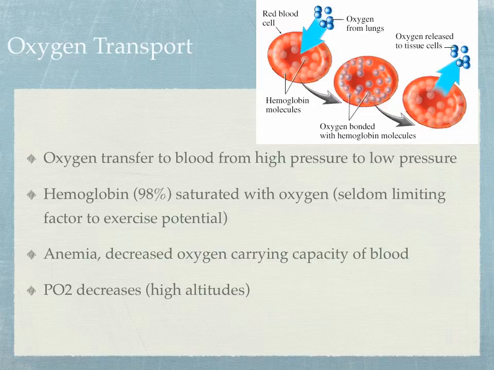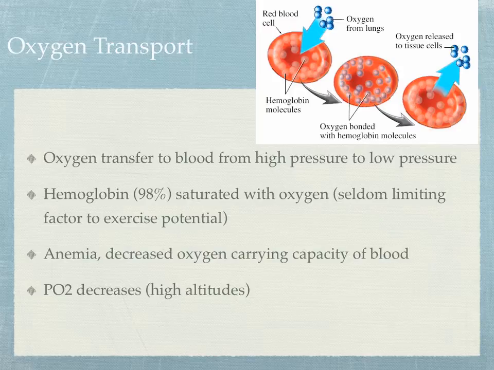Other things that might affect exercise potential is exercising at higher altitudes. Atmospheric pressure is less at higher altitudes because there's less air stacked on top. When we go to sea level, there's a lot greater pressure because there are more layers of air pushing down.